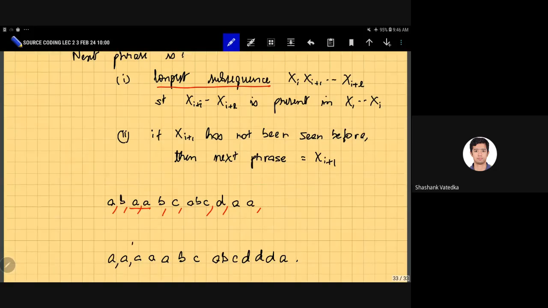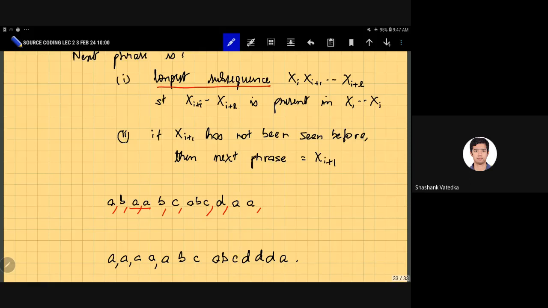So we are at this particular point, so this is our x_{i+1}. And we have seen A before. We've also seen AA before. It matches with this, right? But we have not seen AAA before. The longest match is only AA. So the next is going to be AA.